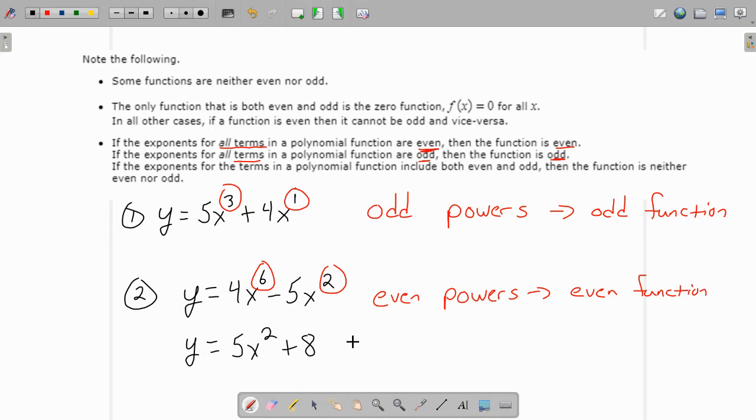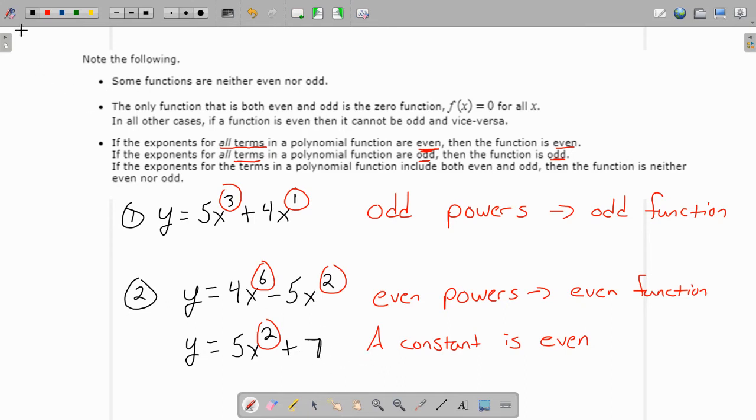The other thing to watch out for, sorry, got sidetracked, is a constant is considered even. So a constant is even. So this should be considered even power. And actually, let's try to not make bad conclusions.